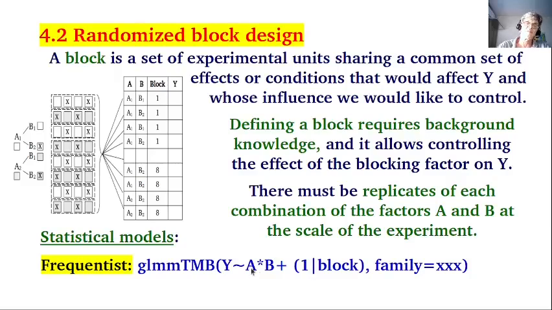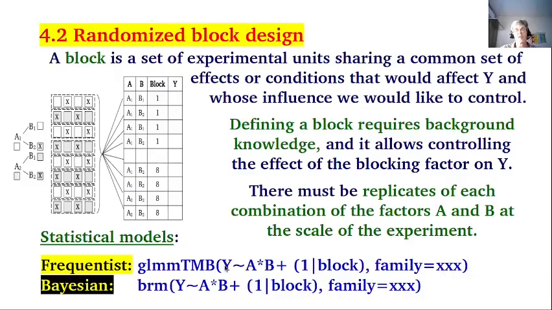This would fit the effect of factor A and factor B under interaction. This would be modeled as fixed effects, and here we have block, the variable modeled as a random effect, and this one vertical bar block means that we are going to be estimating a model in which we would have random intercepts. Here family XXX stands again, as indicated in the previous slide, for any of the probability distributions that we would use to model the response variable Y.